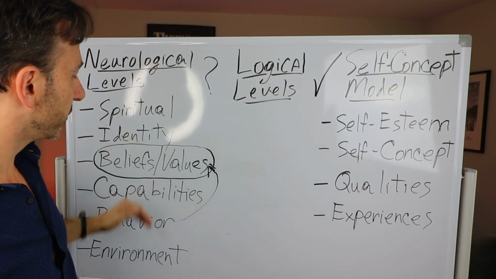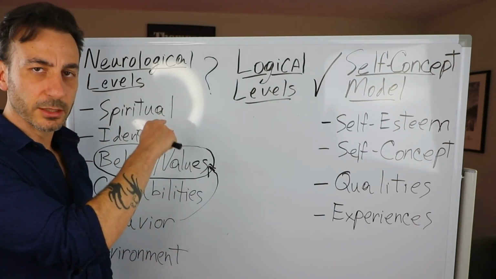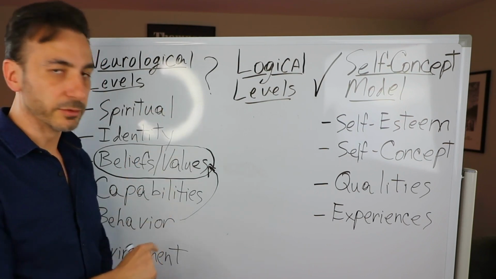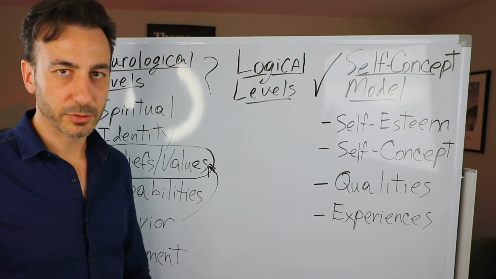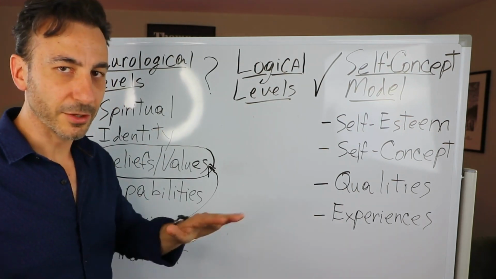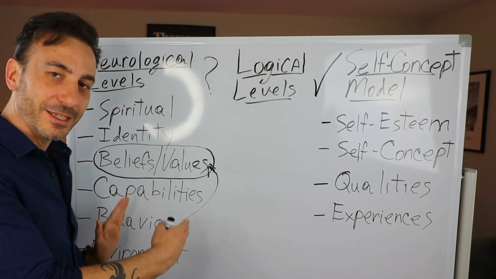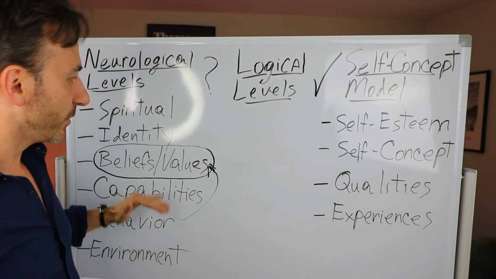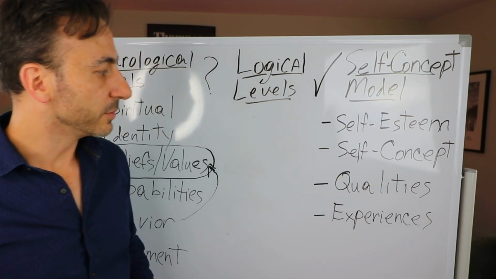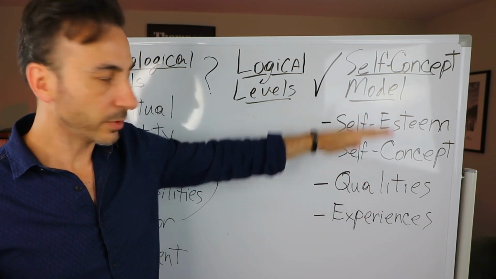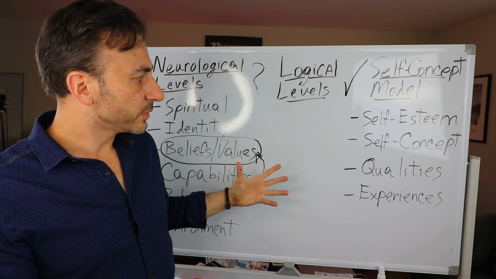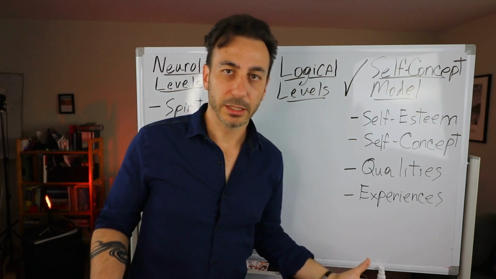In the neurological levels, it's believed that you have to make change at a higher logical level, and then the change goes down. So I'm getting into this argument with people who are saying that this is impossible because of this. And it's like, no, this model is inaccurate. It doesn't work that way. This is an accurate logical levels model. This is where we do change, and this is how it affects up to here. Now, logical levels, there are so many ways that you can apply logical levels.